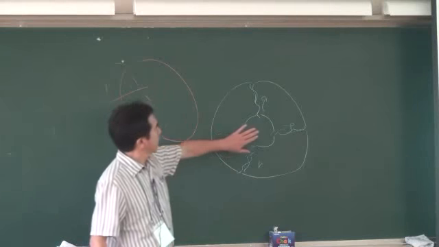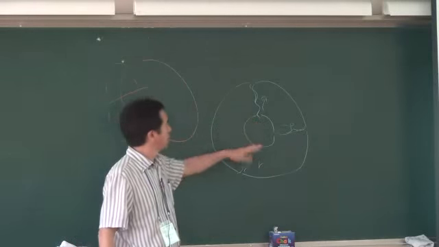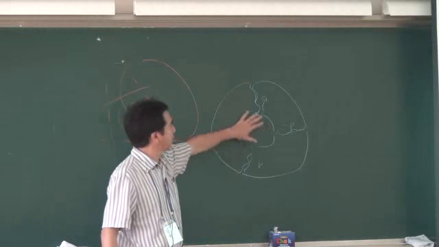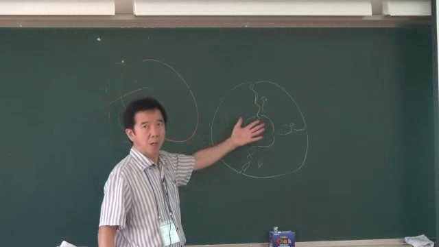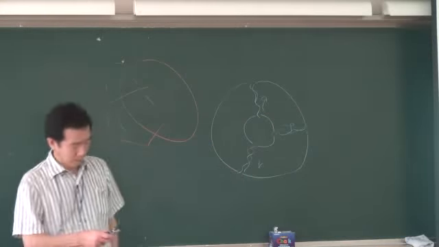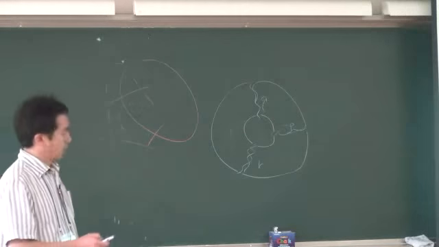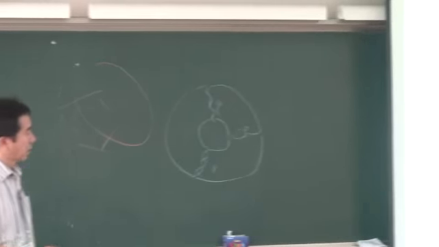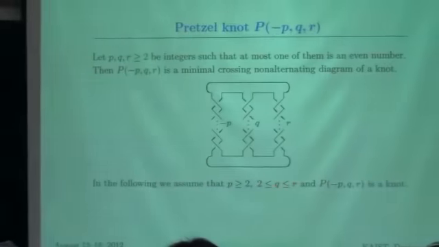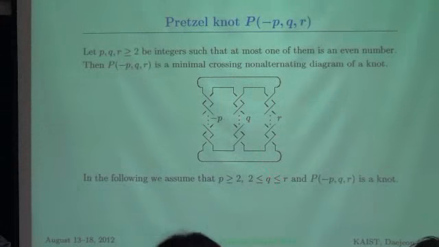When you flip it, if this diagram is minus P, Q, R, then if you flip it, it's minus P, R, Q. Okay, so that's why we can have Q less than or equal to R.